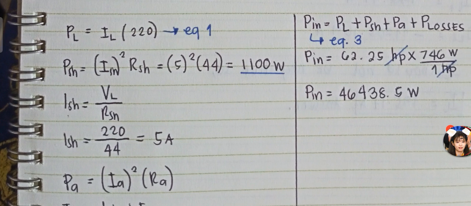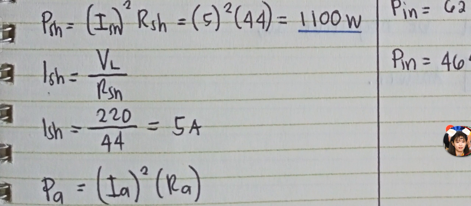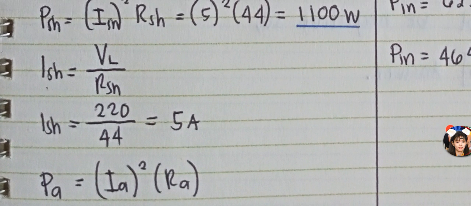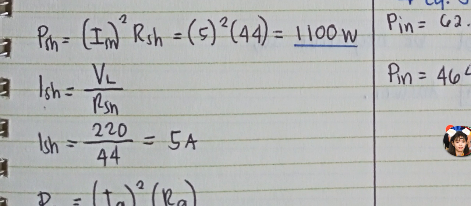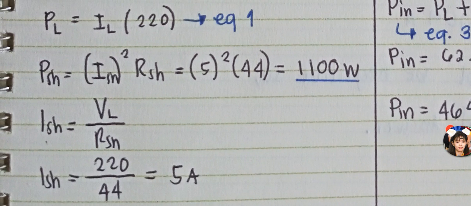So since VL is already given, why not use it? So we get a shunt current of 5 amperes. That is why I have put the 5 amperes on the power shunt, or the P shunt.